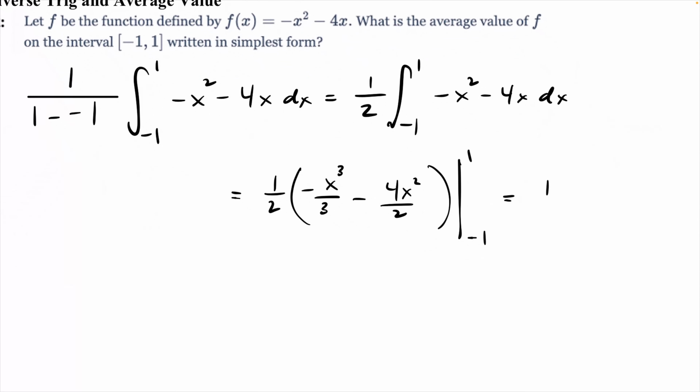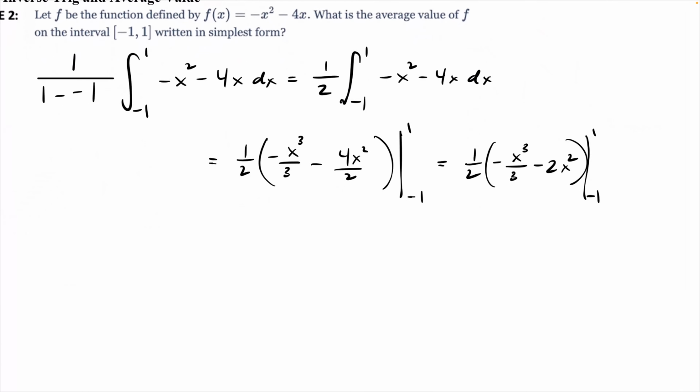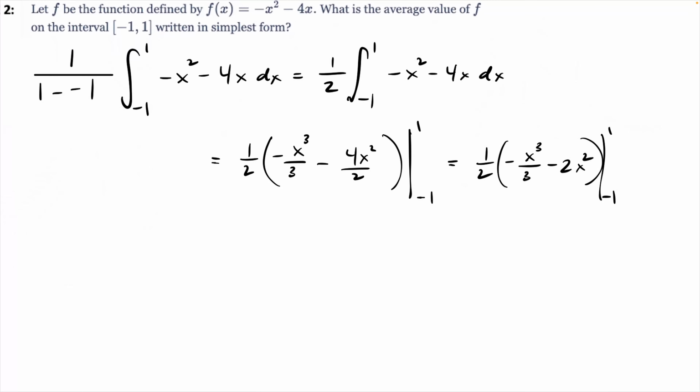So we have 1/2 times negative x cubed over 3 minus 2x squared, from -1 to 1.